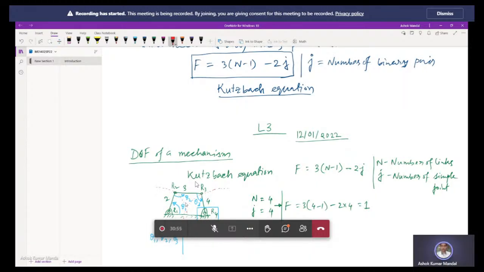Red arcs. This red arc, and there is another red arc like this. So these two arcs are known to you. Now, at any instant of time, if you put your compass and try to see where the third link is.